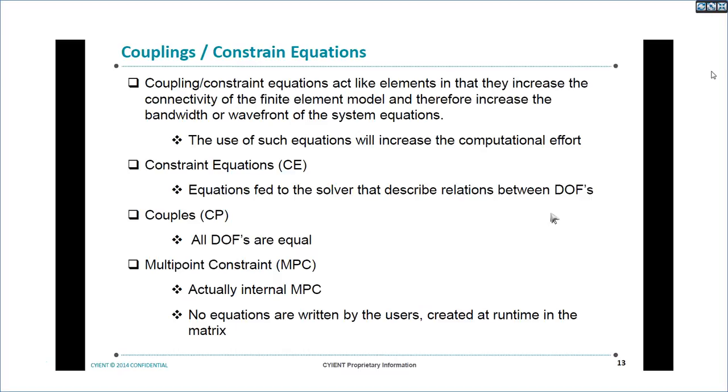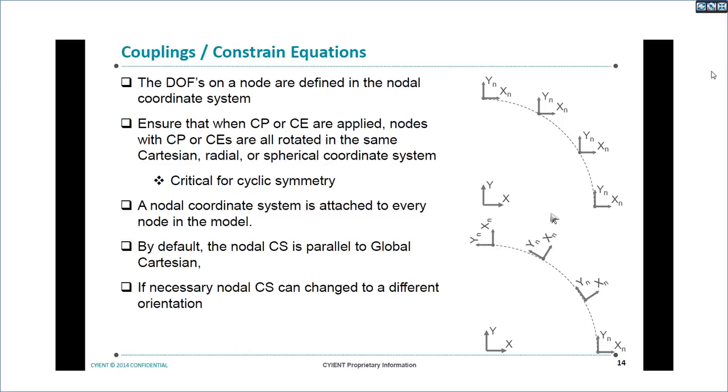When you use multi-point constraints, it's like creating an additional element. So there is no need to write any equations. The program will automatically create a multi-point constraint, and when it is solving, it will write all the necessary equations.